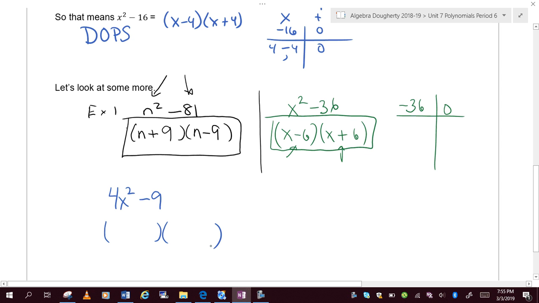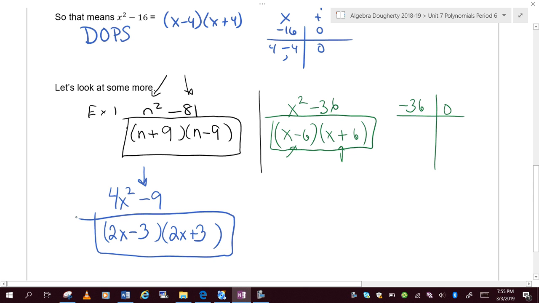We're going to put the square root of 4x squared. The square root of 4 is 2. The square root of x squared is x. So 2x and 2x. The square root of 9 is 3. And since there was a subtraction there, we put a minus and a plus, and we're done.